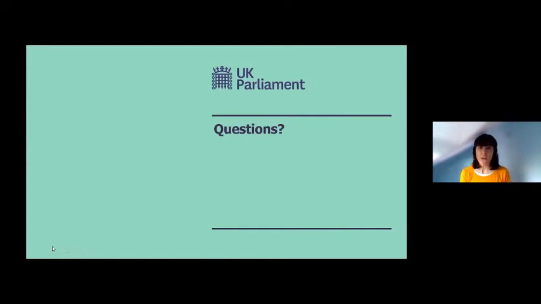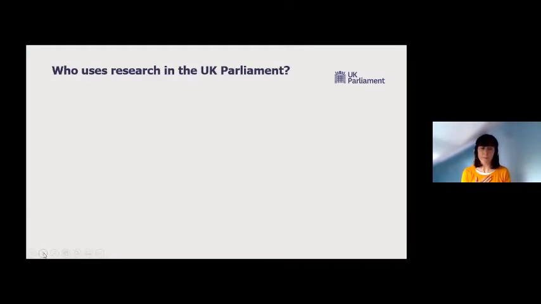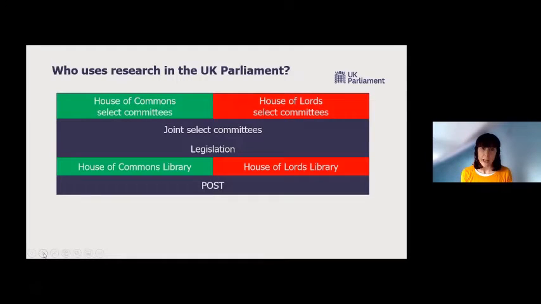For now, we're going to dive back into who uses research in the UK Parliament. So a table has appeared on your screens, which takes you through the different parts of Parliament that use research. We've got House of Commons select committees, House of Lords select committees, and some joint select committees as well, which have MPs and members of the House of Lords sitting on them.